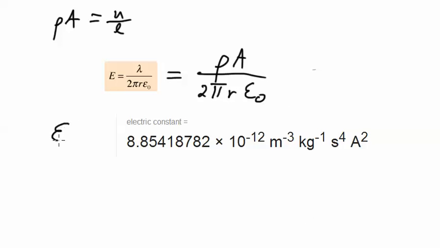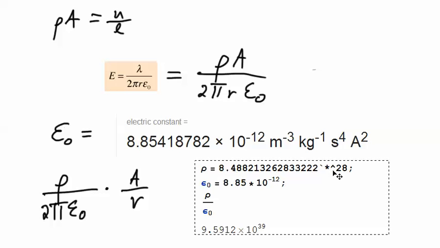And epsilon naught is called the permittivity of free space, or the electric constant. It's a truly tiny number. So for copper, we will know rho, we will know 2 pi epsilon naught, and the only things left over are the area and the radius.